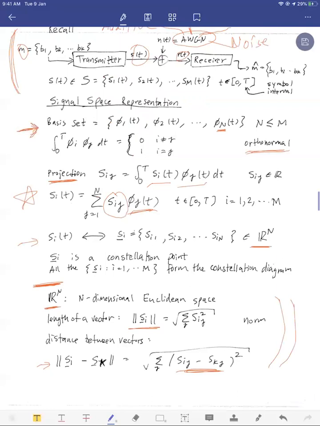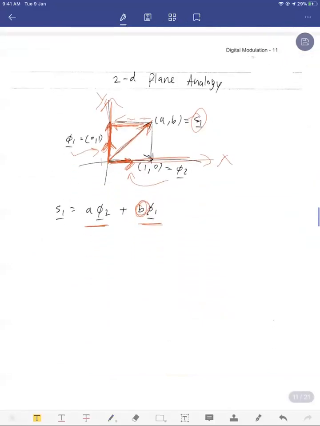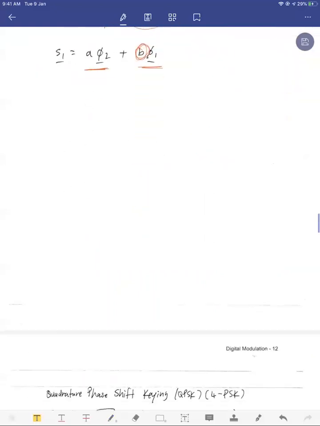At the end of the day, we're converting everything to vectors. This model is going to be very useful because we are converting our function space into something like vectors in 2D, 3D, or n-dimensional space. All right, let's move on.